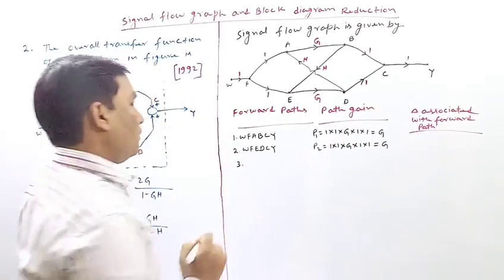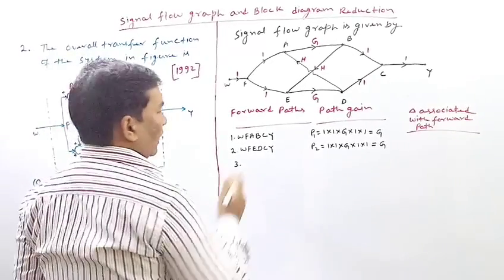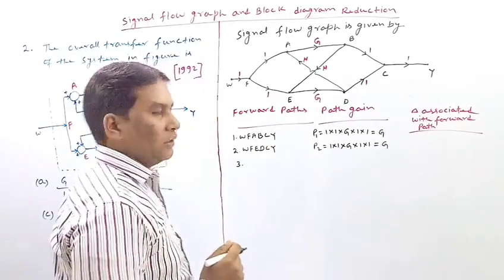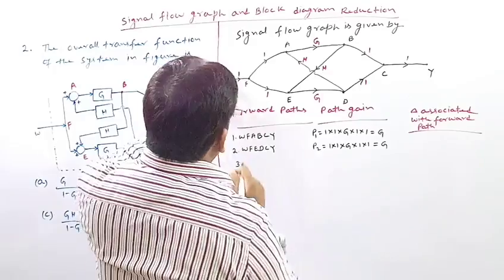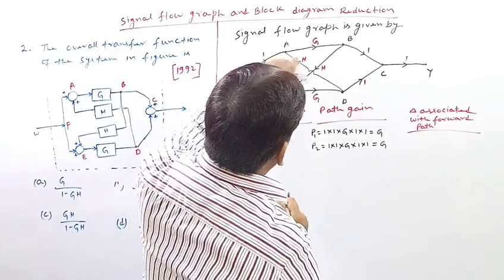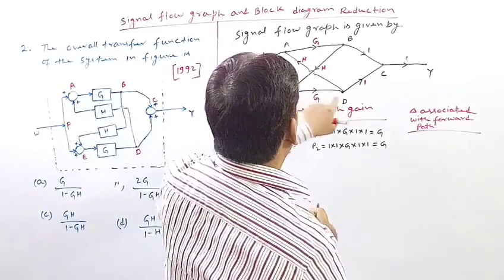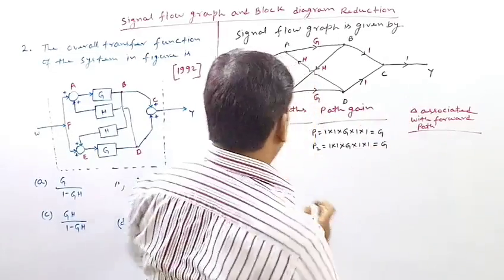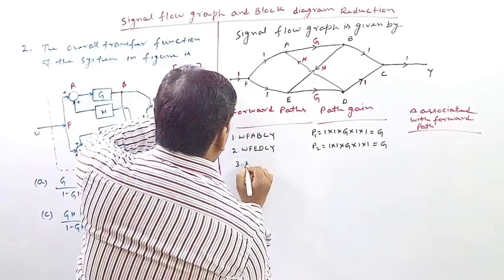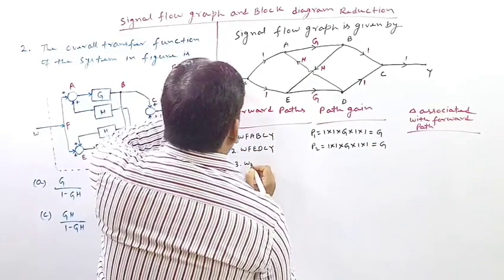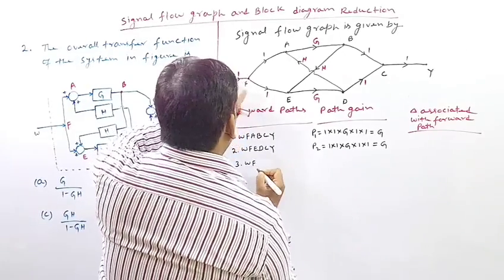Let us see whether any more paths exist or not. WFABEDCY. Yes, there is one more. There are some more forward paths.